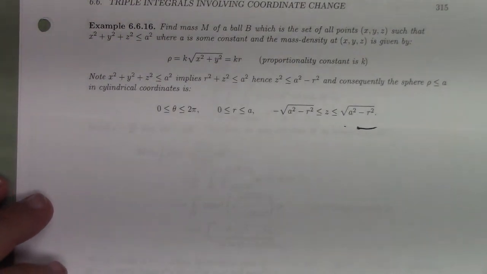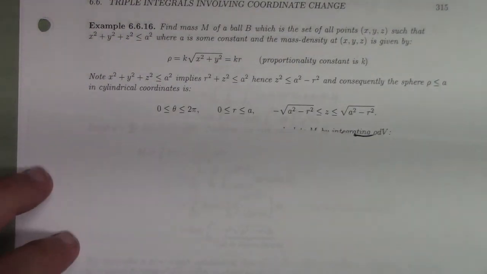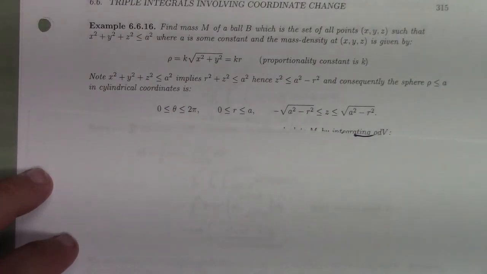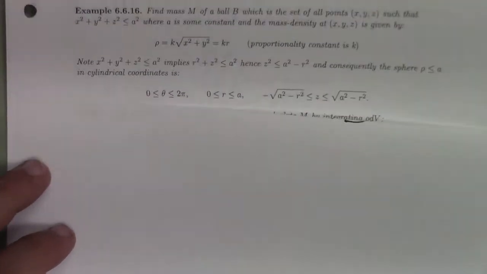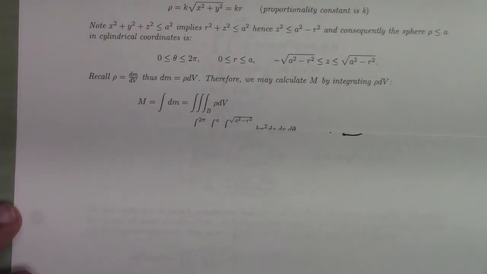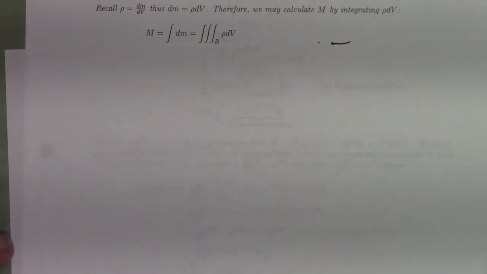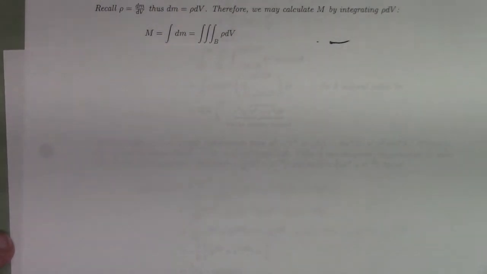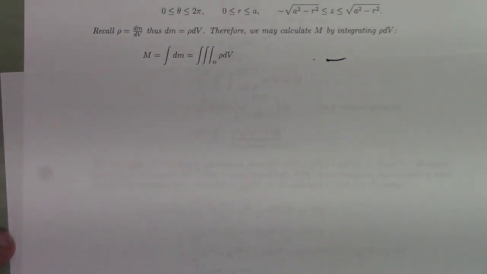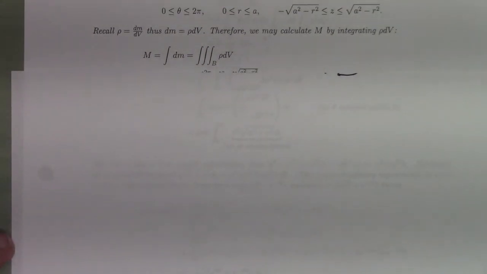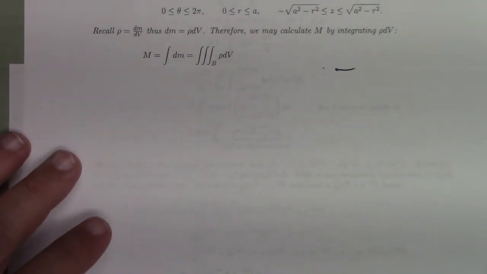The reason this is in the notes is just to illustrate that you can calculate mass of non-constant densities with triple integrals, right? So here's how that goes. And I changed the sphere to cylindrical coordinates here because the integrand was given in terms of kr.